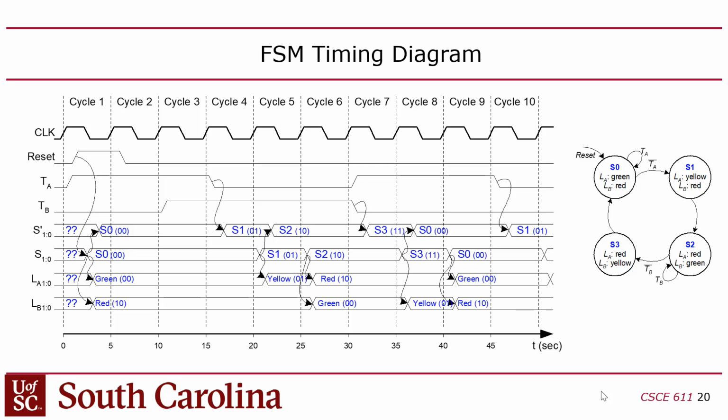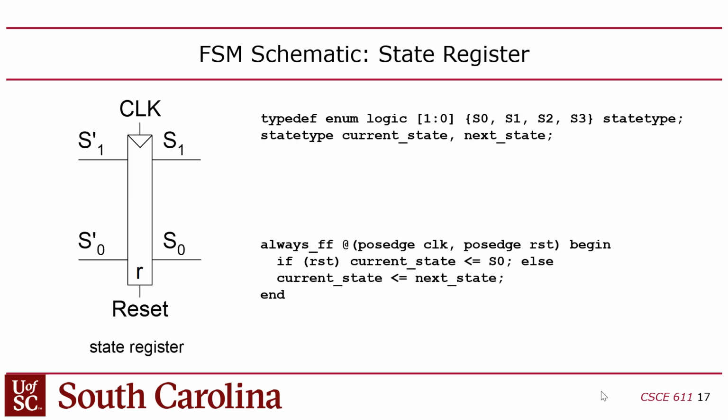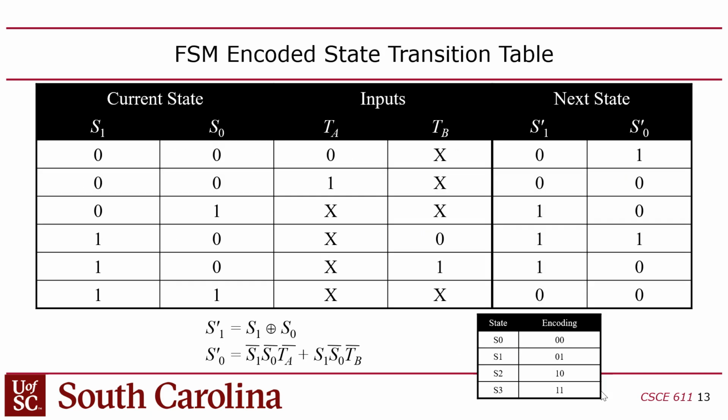All right, so, oh yeah, the way that the states are encoded, the state encoding affects the logic for the next state logic and the output logic, because these two Boolean logic expressions depend on how we encoded the states.